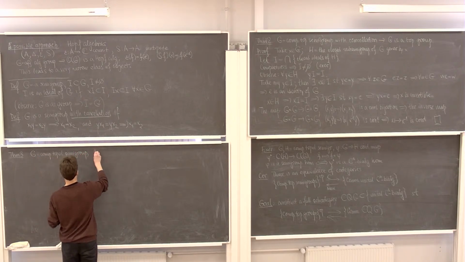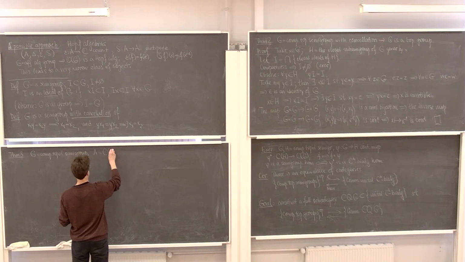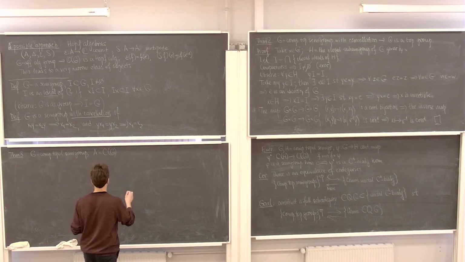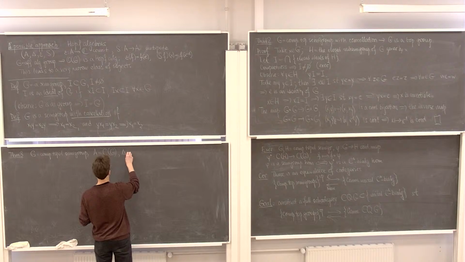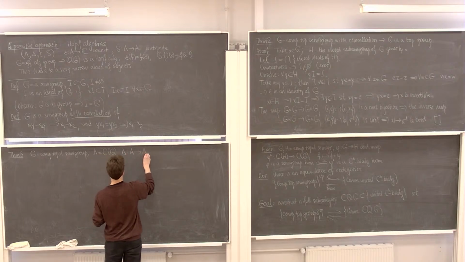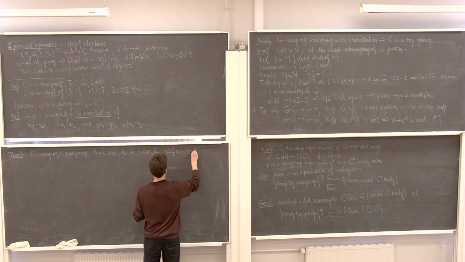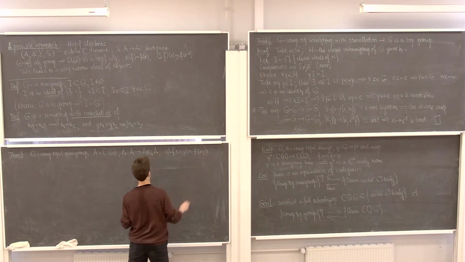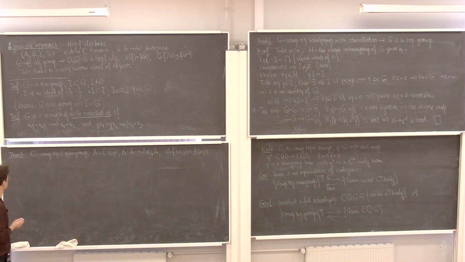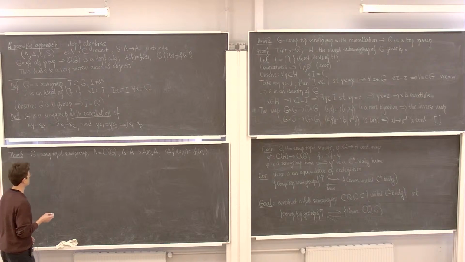Let A be the algebra of continuous functions on G. And let delta be the standard co-multiplication on A, given by the following formula. Then the following conditions are equivalent.